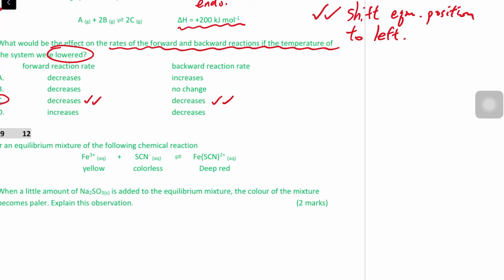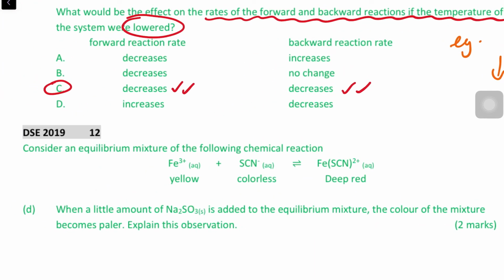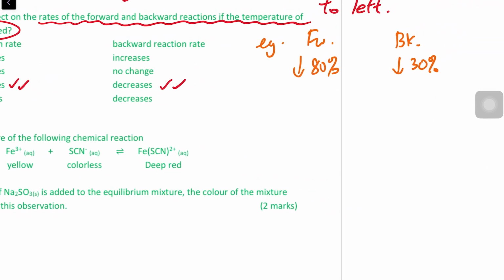So what is the reason behind it? Here we have an example: maybe the forward reaction decreases by 80%, but the backward reaction only decreases by 30%. Yes, both reaction rates decrease, but I haven't mentioned the amount they decrease.